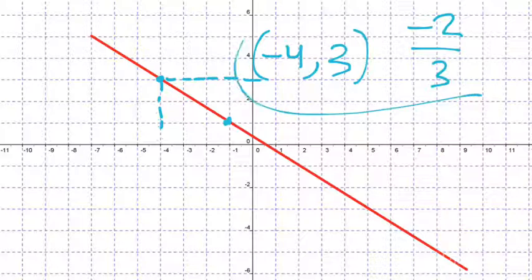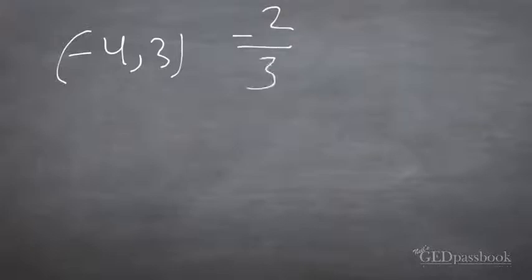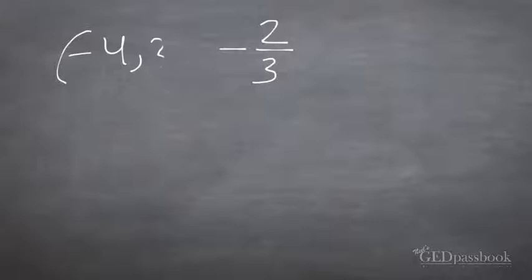So remember this for me. -4 and 3 is my ordered pair. -2/3 is my slope. -4 and 3. I forgot my slope. What was my slope? Okay. I shouldn't write it like that. I should write it the way you'd see it, which is in the middle. Should be like that. Okay.